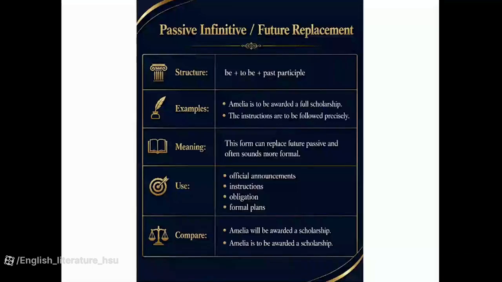This sounds much more formal. Or for example, the instructions are to be followed precisely. So this form can replace future passive and often sounds more formal. We use this for official announcements, for instructions, for obligation, or for formal plans.